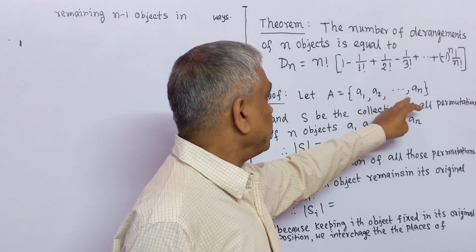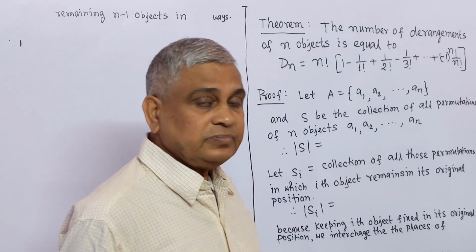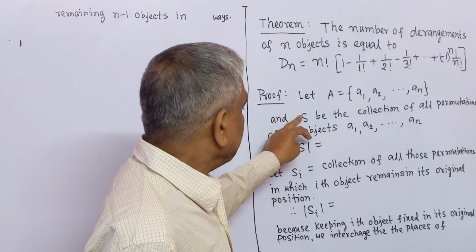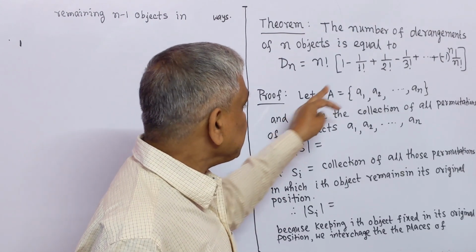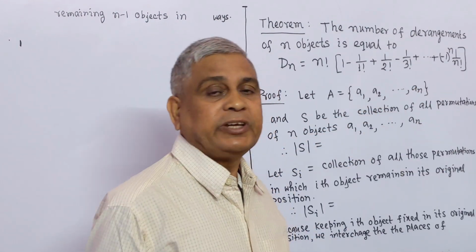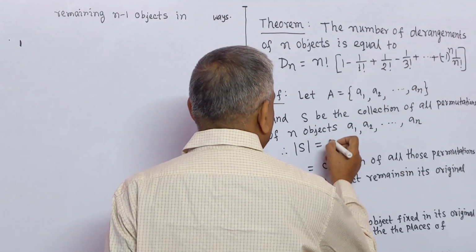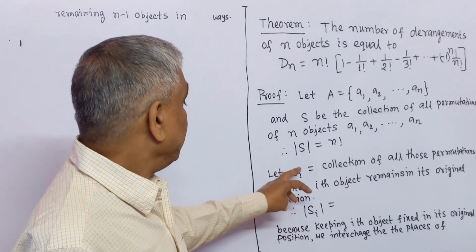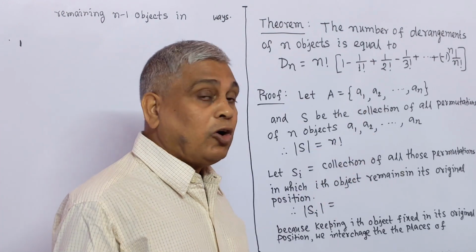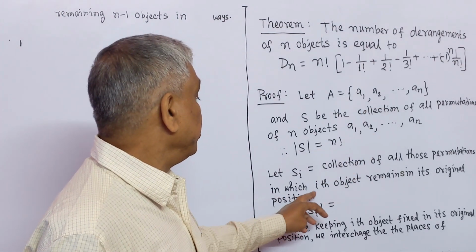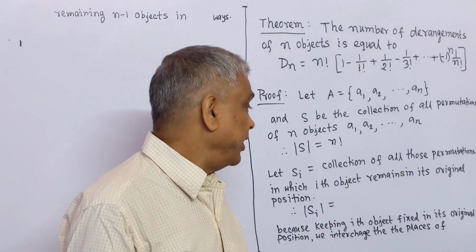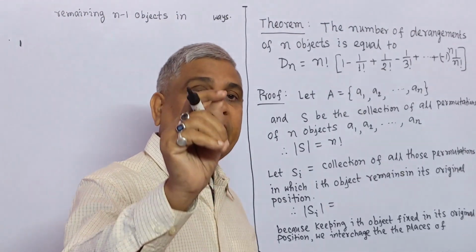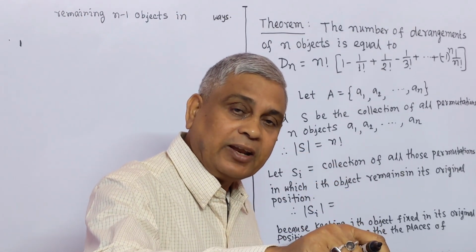Therefore, the number of elements of S, meaning the number of permutations of n objects, will be n!. Let Si be the collection of all those permutations in which the ith object remains in its original position.